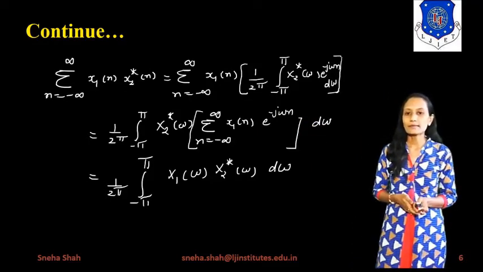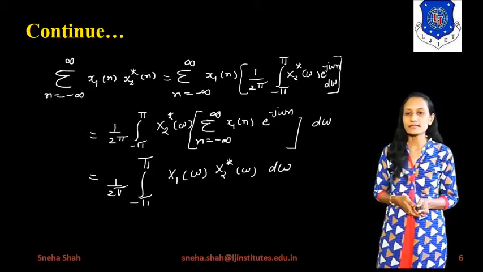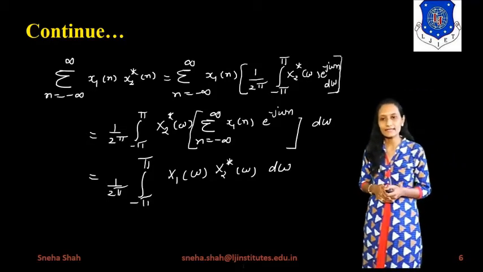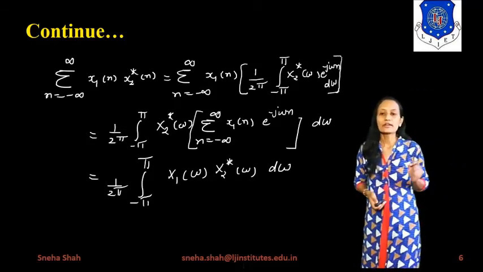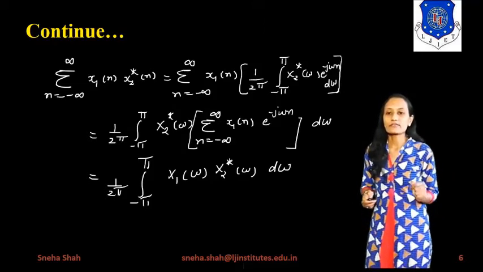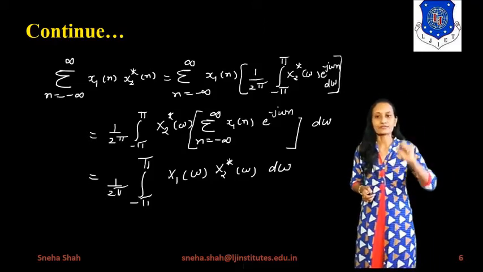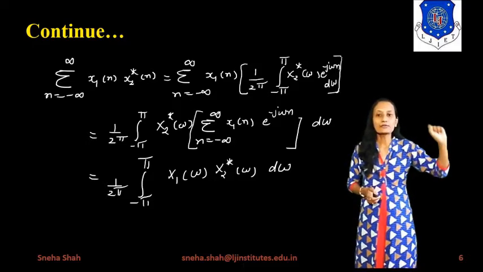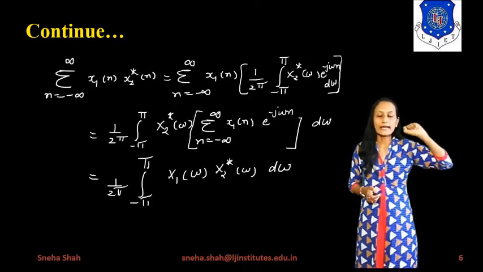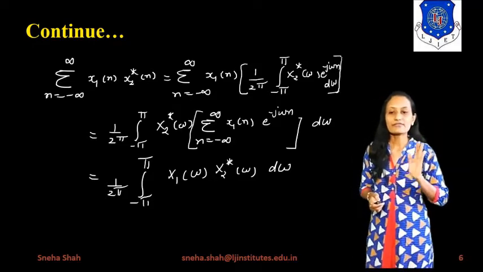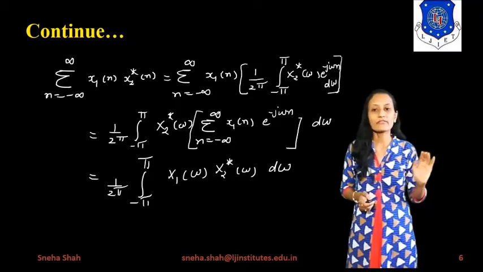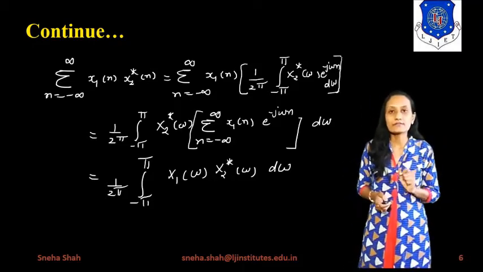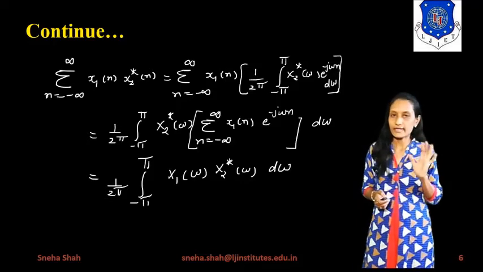Now from the square bracket, we compare this equation with the equation of DTFT of x of n. What is the value of DTFT of x of n? Summation n equals minus infinity to infinity x of n into e raised to minus j omega n, right? It means if we find the DTFT of x of n, it gives x of omega, right?